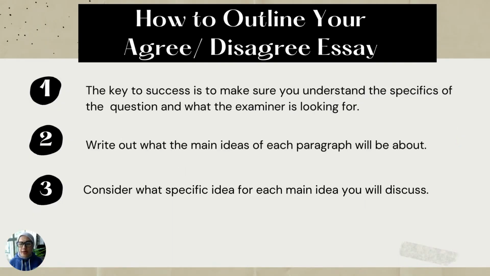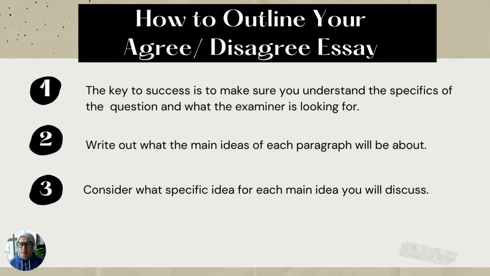Before you start writing your essay, I highly recommend that you learn how to outline your agree or disagree essay. So an outline pretty much means a quick brainstorming of what your essay will be about. So just when you get the question, you write a few points about what each paragraph will be about.